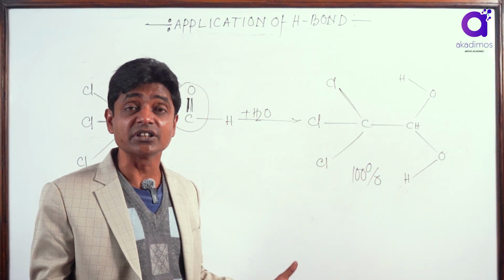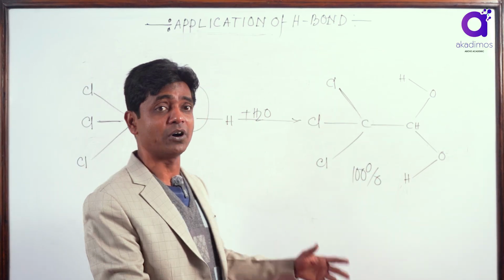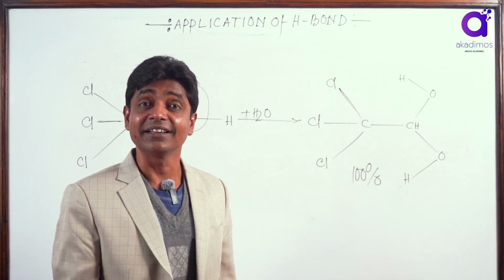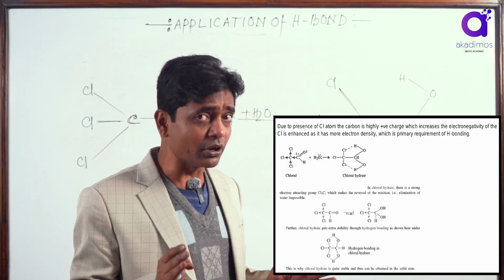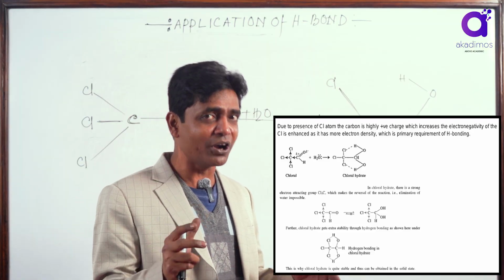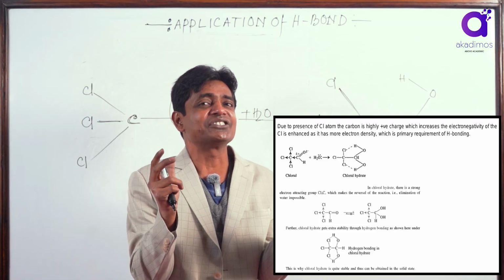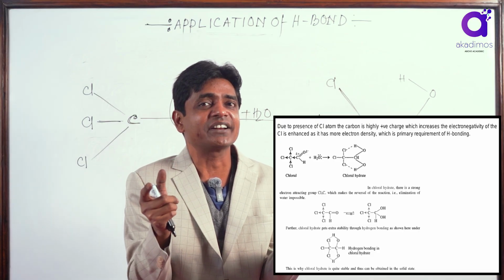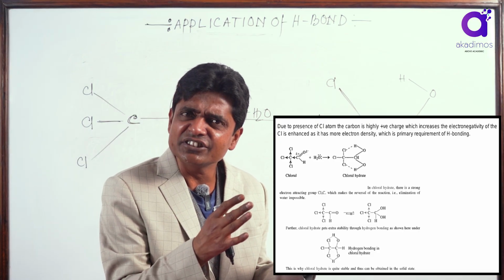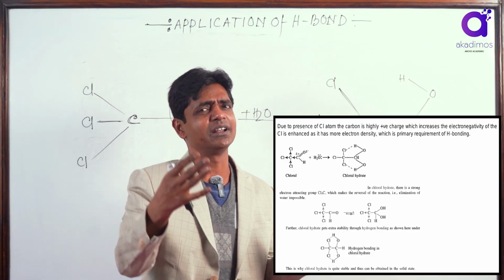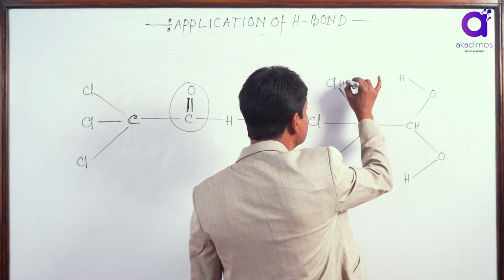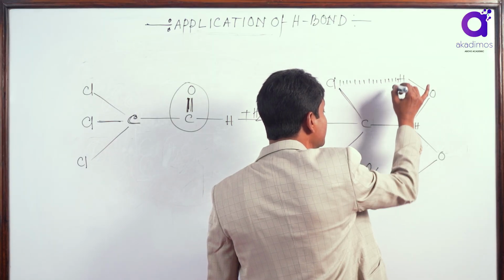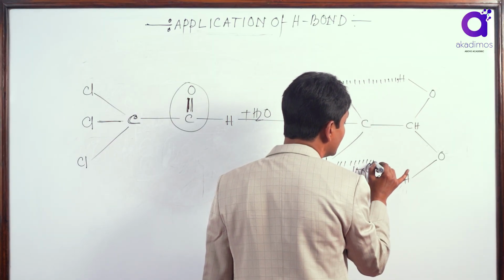Now the question will arise, why will it exist as this form? Due to hydrogen bond. Here the hydrogen bond is, surprisingly, with chlorine. Chlorine also forms hydrogen bonds, but chlorine is bulky, so the overlap is not effective. That's why its corresponding energy is not 20 kilojoule per mole; its energy is about 10 to 12 kilojoule per mole, and that is enough to stabilize the hydrated form of chloral.